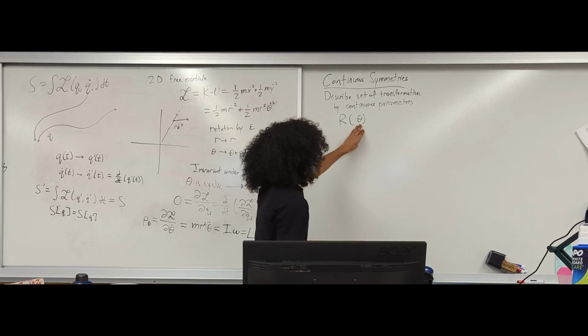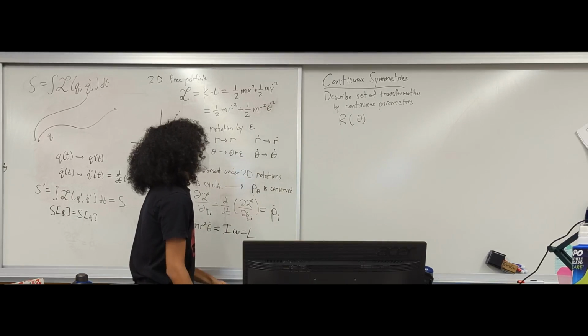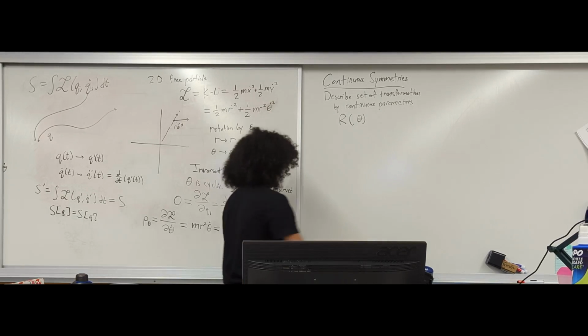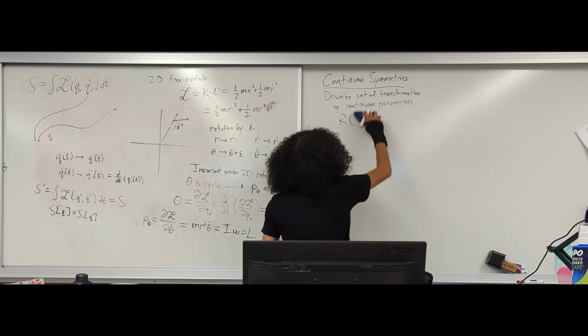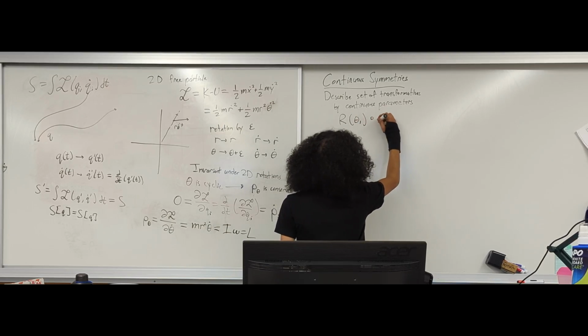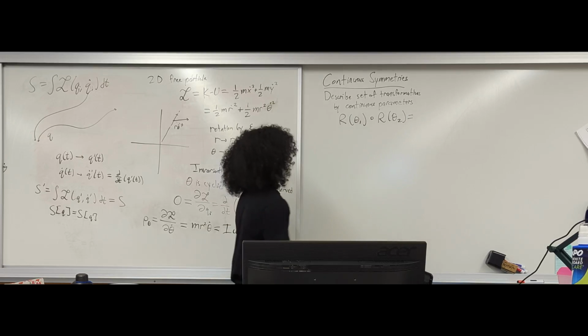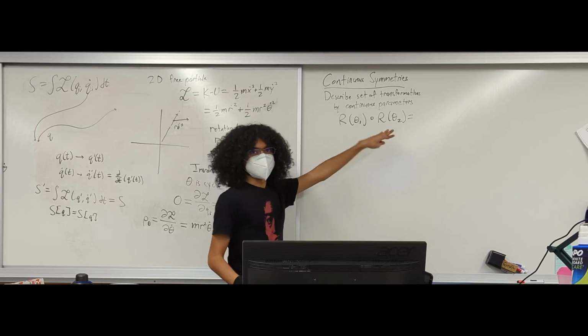So this is the continuous parameter I'm talking about. And then what we also want is that if we compound these transformations, then what we should get is the transformation given by the sum of these two parameters.